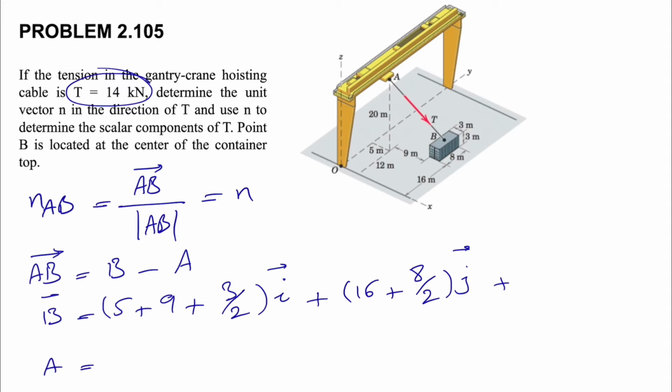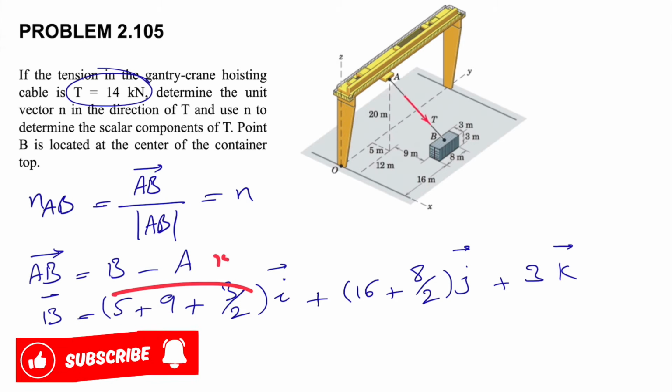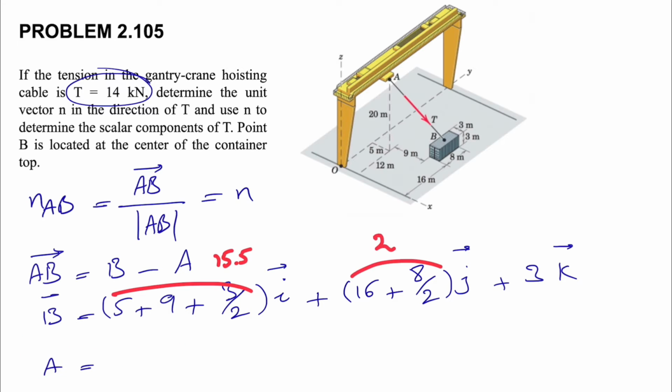And if we do that, we'll get the Y component for B, and for Z, we only have the height of the container, which is 3, and that would be the Z component of B. So we have everything for the coordinates of point B, and if we calculate each of these, we'll get 14 plus 1.5, which is 15.5, and here we have 20, and that's already 3.